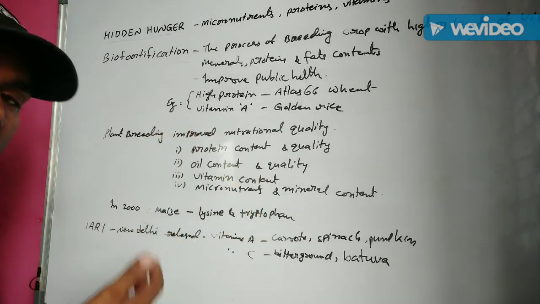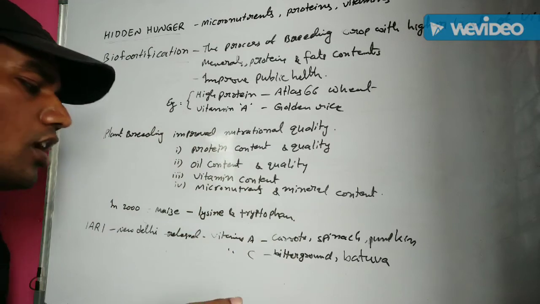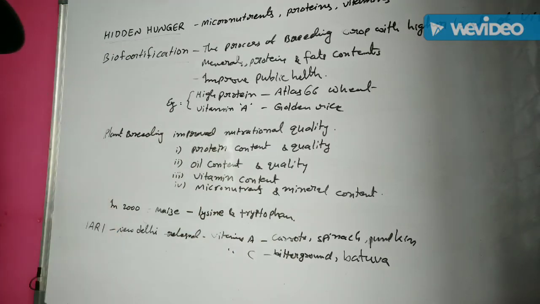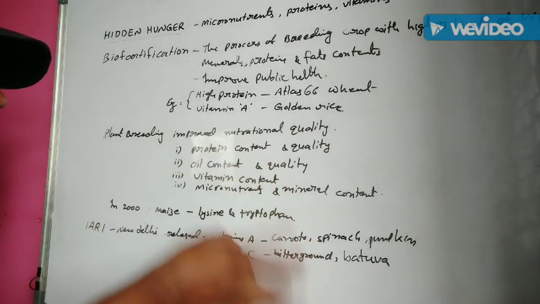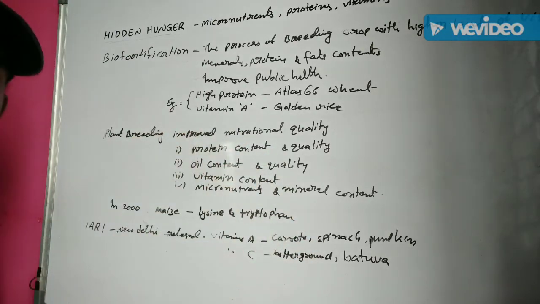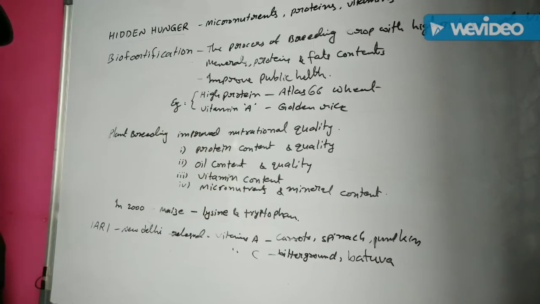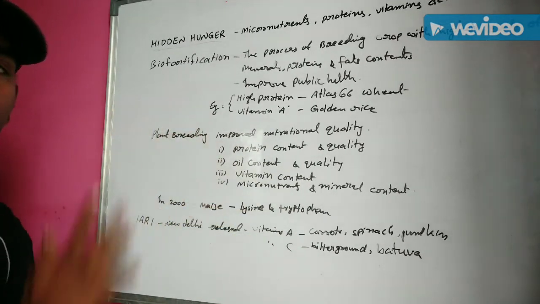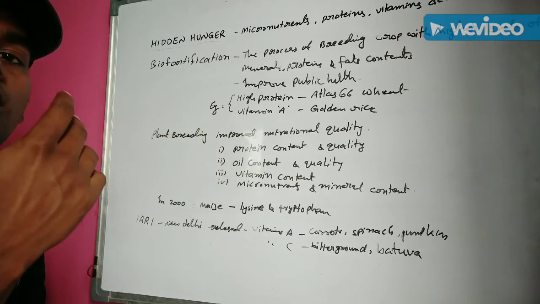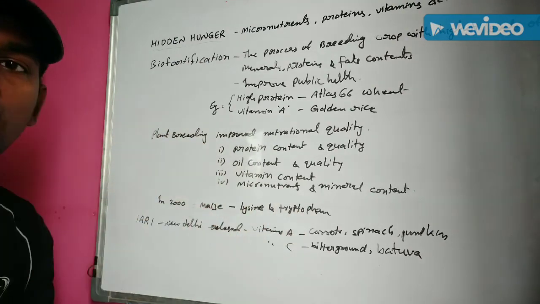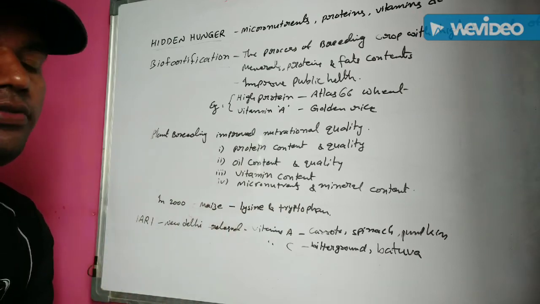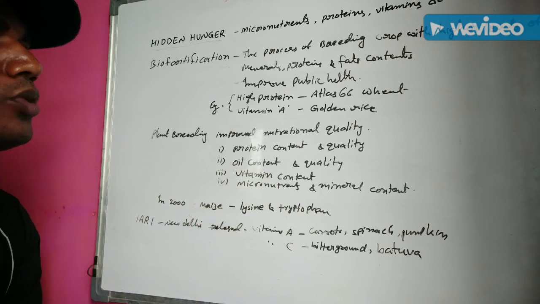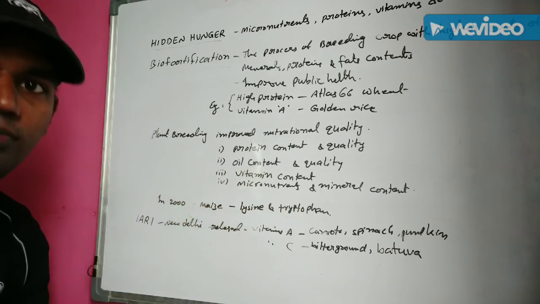These different vegetable crops are released by the Indian Agricultural Research Institute at Delhi. By the release of these new varieties through the process of plant breeding, many hidden hunger affected people benefit from the deficiency of nutrients, protein and vitamin problems.